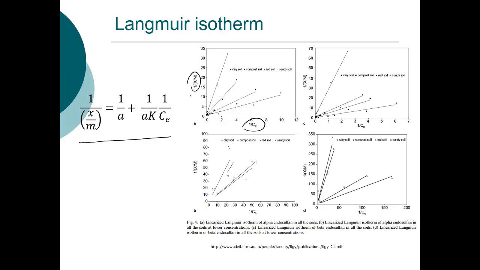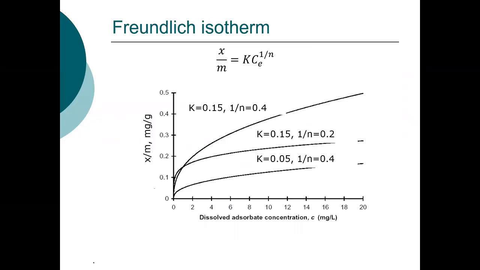We plot that. The y-intercept is 1/A, and the slope is 1/A times K. So from that, we can determine both of these parameters.